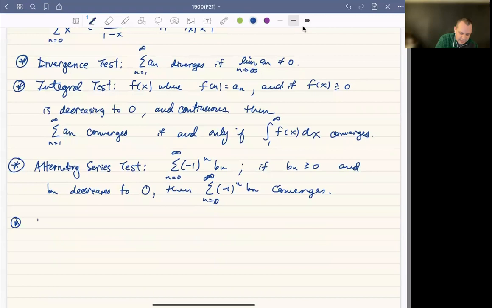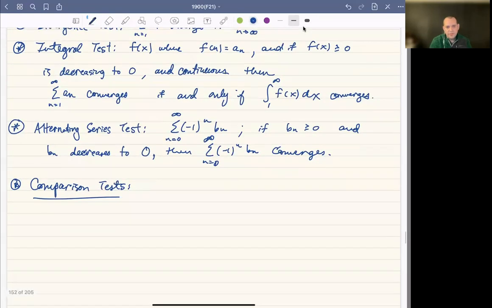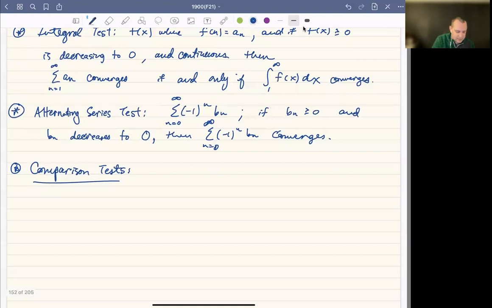The comparison tests were what we talked about next, even though that was section 11.4. And there were two of those. There was the standard comparison test.